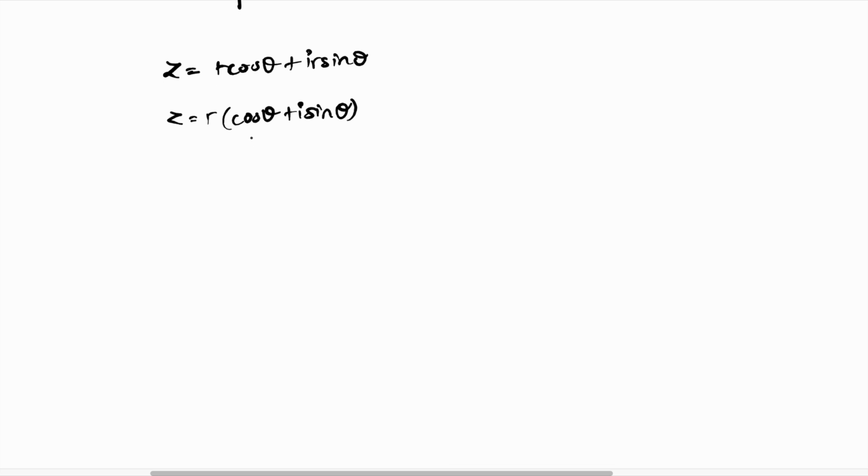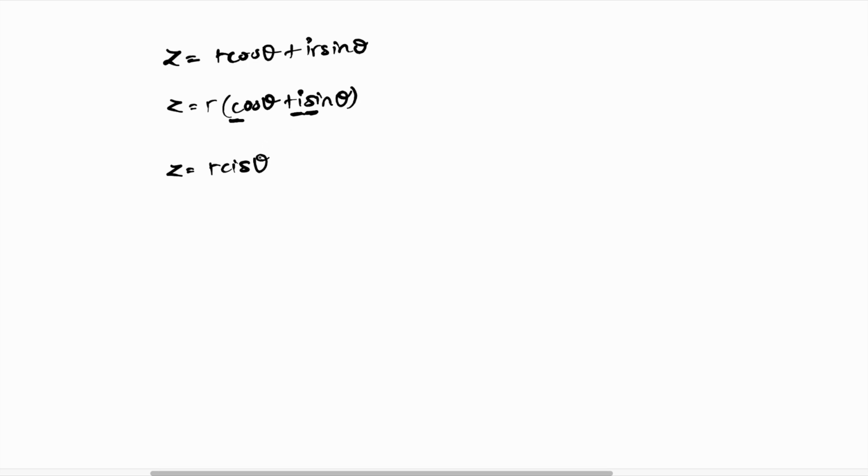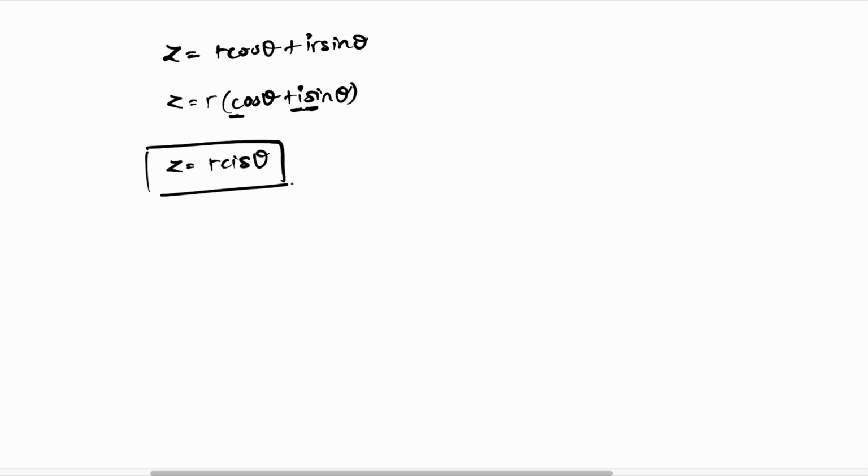The polar form is also called the cis form of the complex number, due to the existence of c for cos, i for i, and s for sine. So a short form for the polar form is r cis theta. Instead of writing the whole thing as cos theta plus i sine theta, we use the acronym cis theta. So this is my complex number represented in polar form in terms of my modulus and argument.